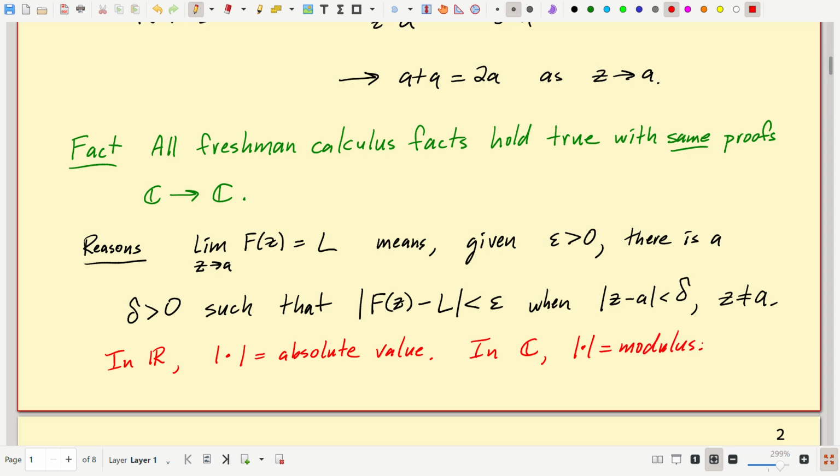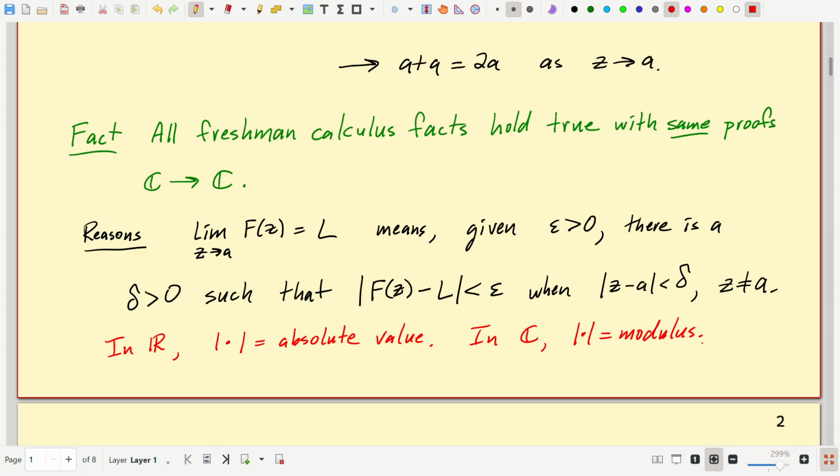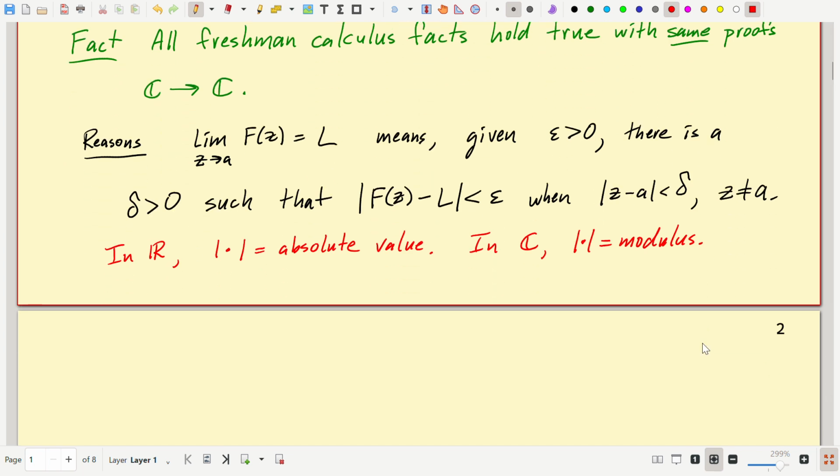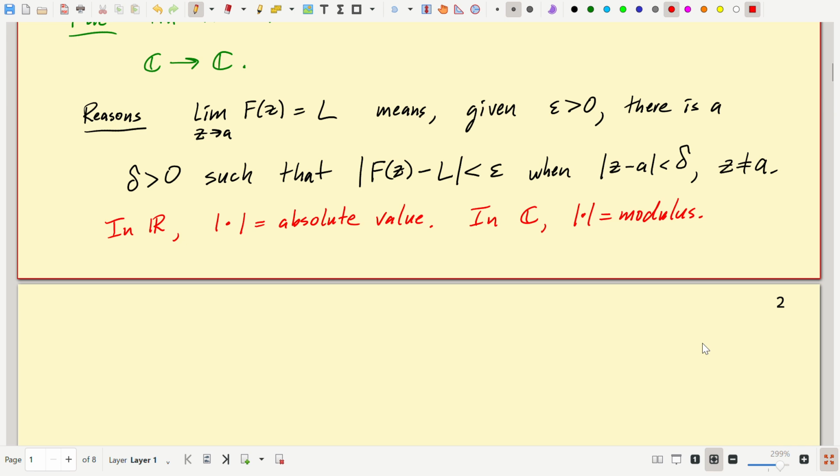And the triangle inequality is true for complex numbers, which means all the steps in a proof about calculus hold in complex using exactly the same steps.